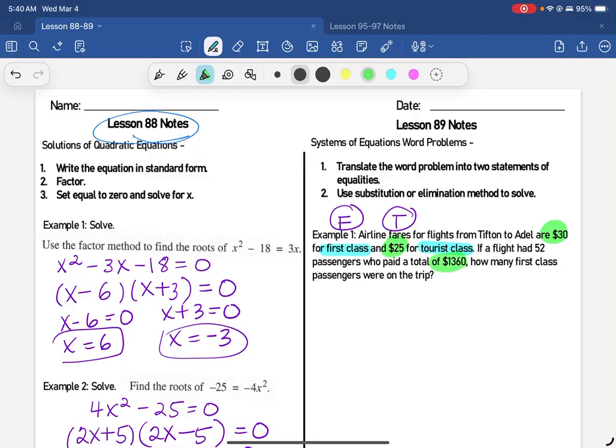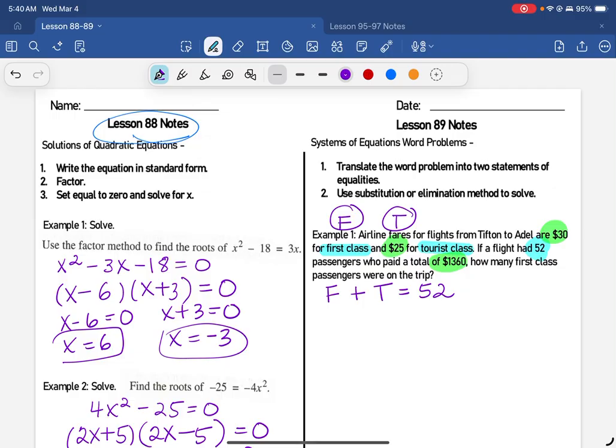And then here's another money value. Another thing I want to point out is how many passengers. So you'll always want to start off with the total. It says the number of first class plus the number of tourists equals a total of 52 passengers. Then you'll want to attach the values to them, kind of like we did with nickels, pennies, and dimes.